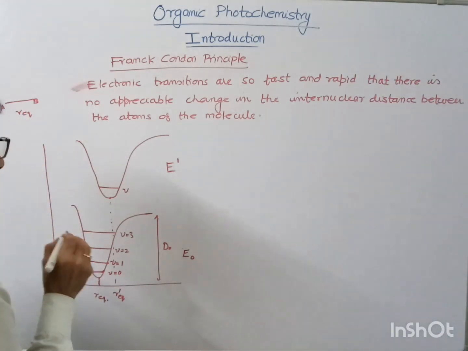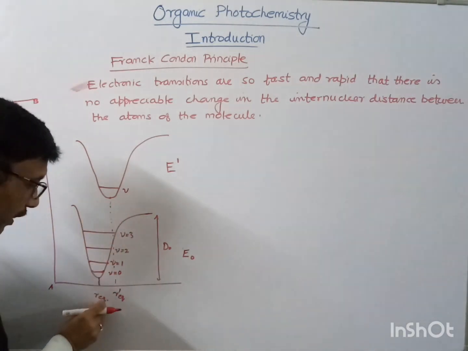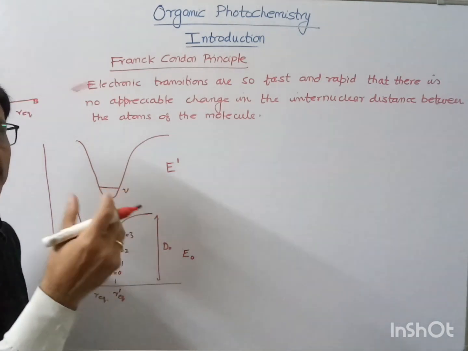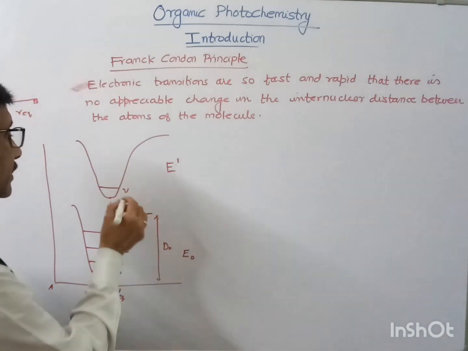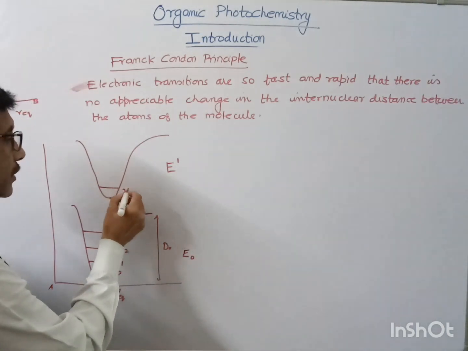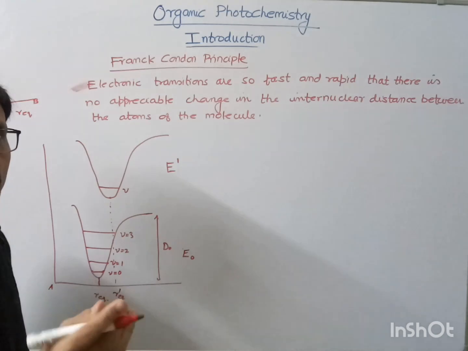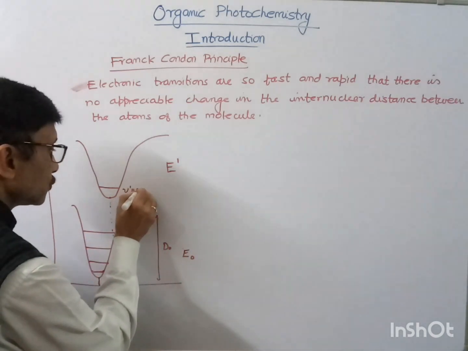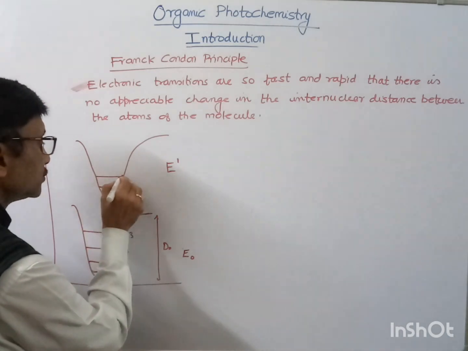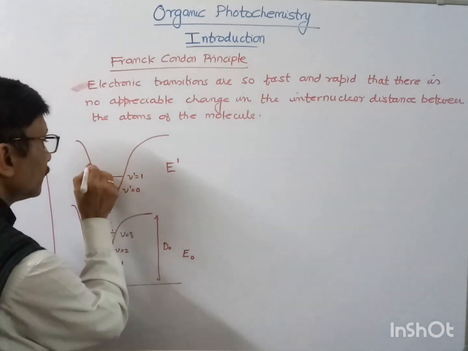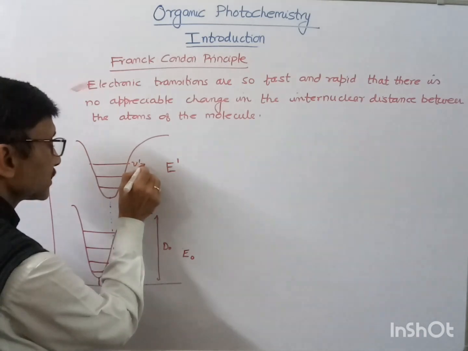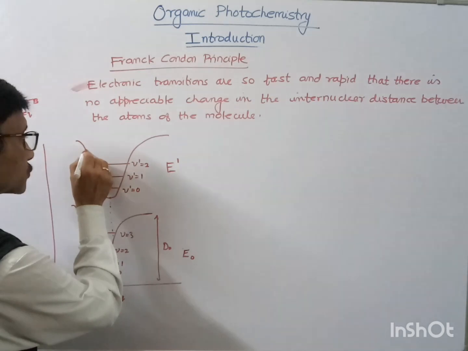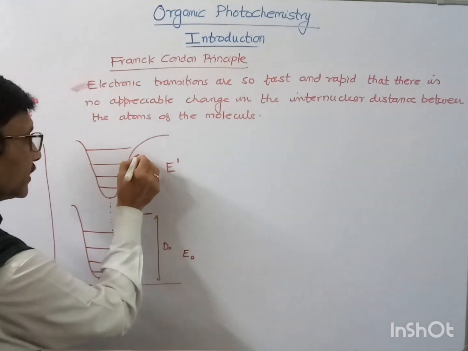And if slightly more energy is given, the molecule will undergo a transition to the next vibrational state, V dash equal to 0, then V dash equal to 1, V dash equal to 2, and these are the excited vibrational states corresponding to this excited electronic state.